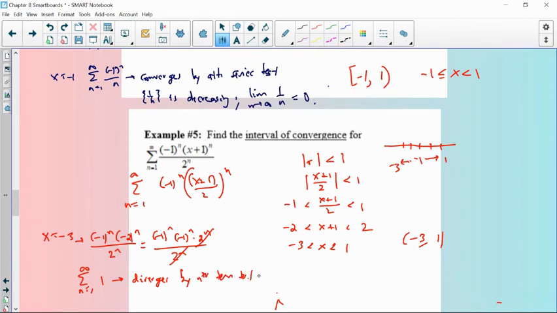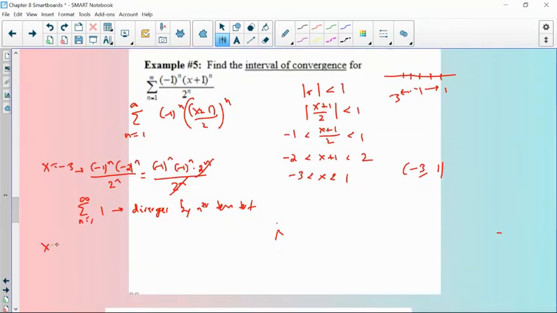Okay, so then let's check when x is equal to +1. So when x is +1, now my series is n equals 1 to infinity of (-1)^n times (1 + 1), which is 2^n, over 2^n.